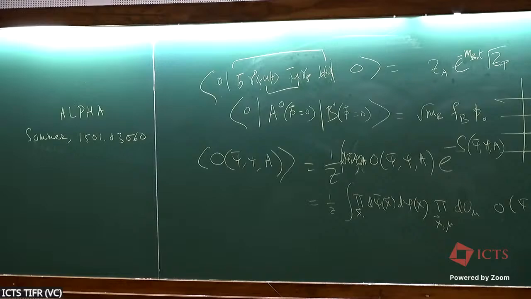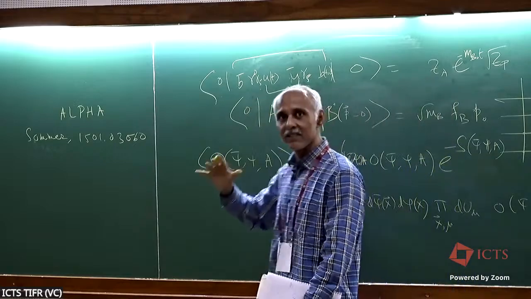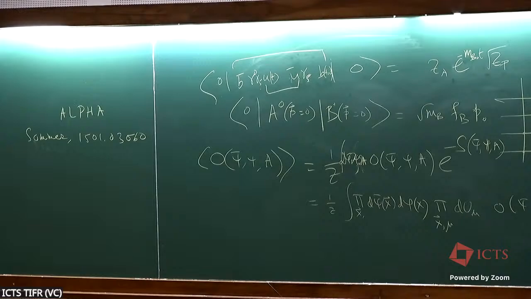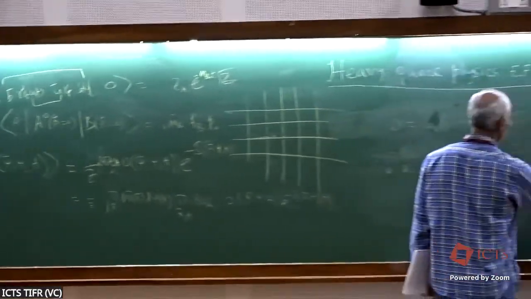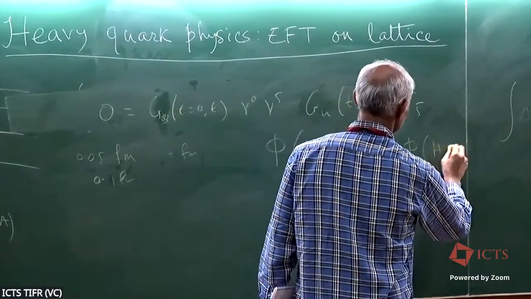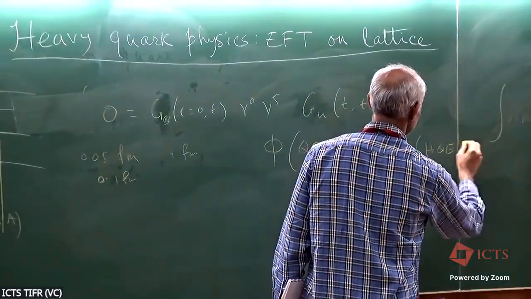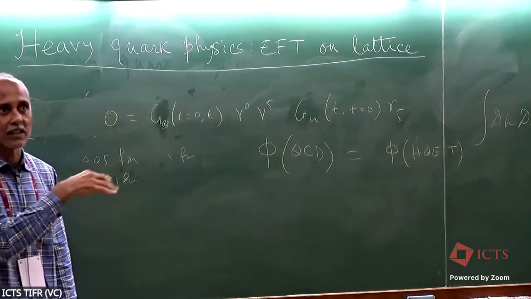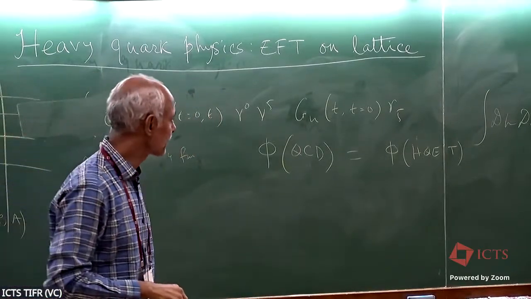So what you want essentially is to calculate a number of observables in the static theory and in full QCD, and then tune the parameters of the static theory so that, let us say you calculate some observable phi in QCD, it should agree with phi in, let's call it heavy quark effective theory. So in this case, what I'm doing is more like static theory.